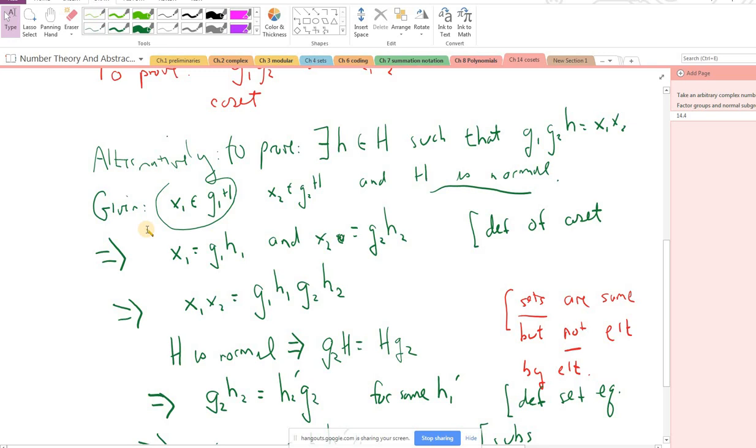So how are you going to do that? I have no idea. Somehow G2 is going to have to be in terms of H1. Well, there's no difference between H1 and H2. They're arbitrary elements of H, right? Yes, but they're still different elements. That's true.